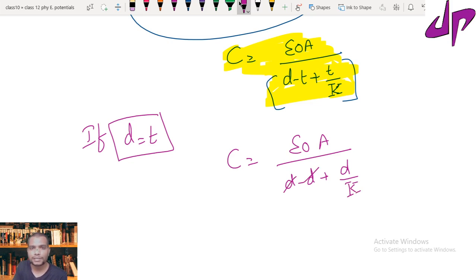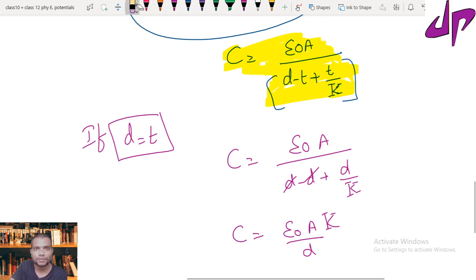These two terms get cancelled, therefore the capacitance of a capacitor C equals epsilon naught kappa A by D. So this is the capacitance of a capacitor with the dielectric filled.